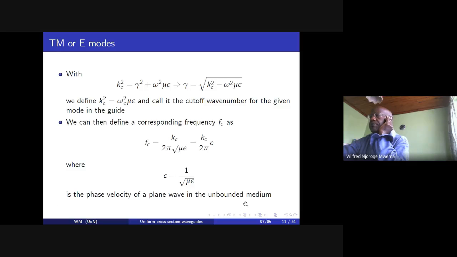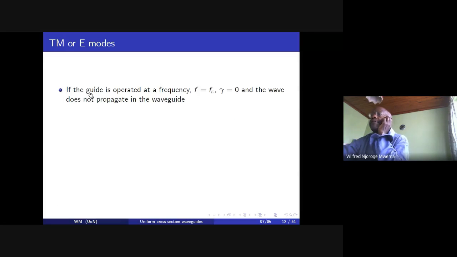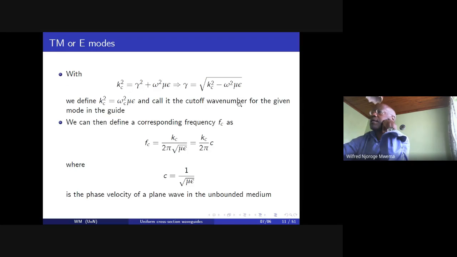So, if the guide is operated at a frequency f equal to Fc, then we see from this equation, since this one has an Fc and that has an f, and this one is omega c as this one is omega c here, what would happen is we'll have a 0 and gamma is going to be equal to 0.